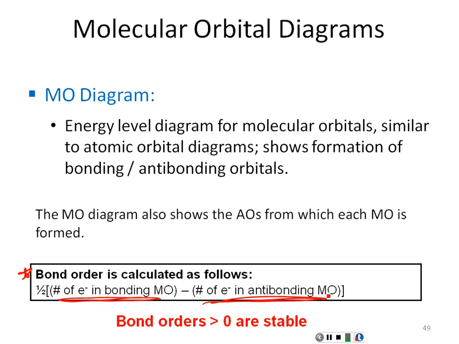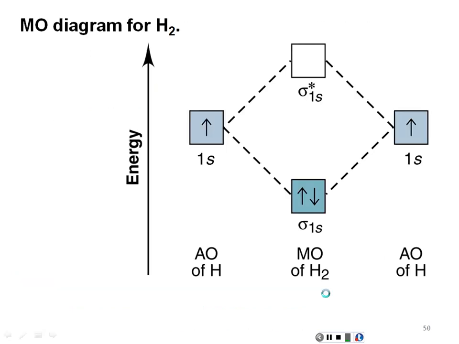In molecular orbital theory, bond orders greater than 0 indicate that the molecule is stable and theoretically possible. If you have a bond order of 0, that means the molecule is not stable. That would mean you have an equal number of electrons in bonding and anti-bonding molecular orbitals.